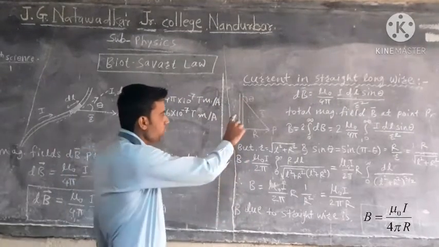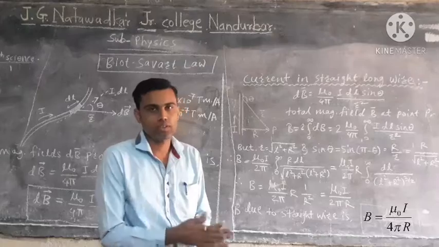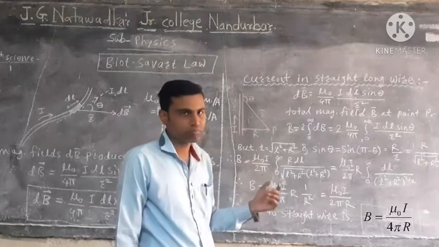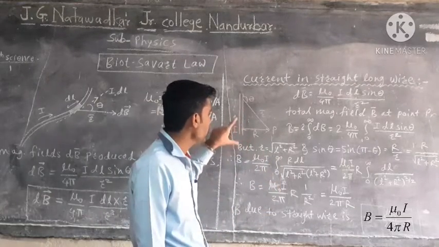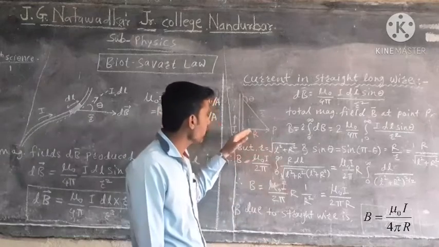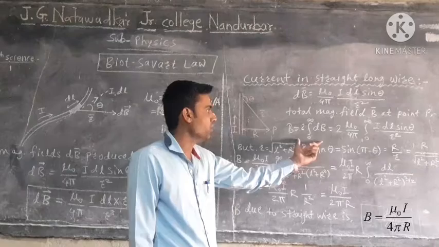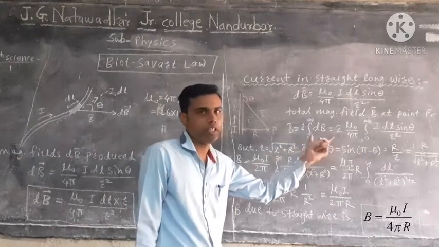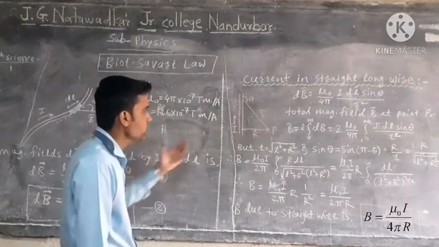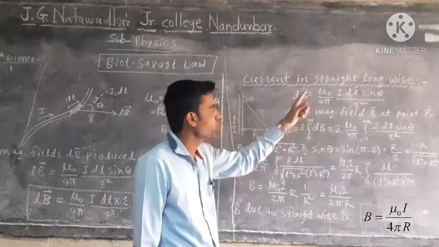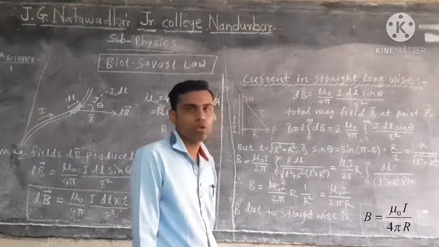So for each region, the value of magnetic field is different, and these two are equal and can be added together, so we will get the total magnetic field. Here we have to just put the value of dB from Biot-Savart law. This is how we can use Biot-Savart law to find the magnetic field in a long straight wire.